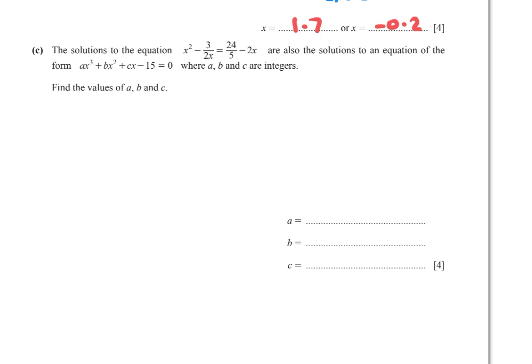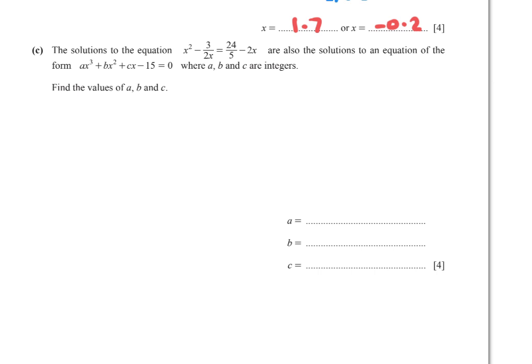Now the solutions to the equation x squared minus 3 over 2x equals 24 over 5 minus 2x are also the solutions to an equation of the form ax power 3 plus bx power 2 plus cx minus 15 equals 0, where a, b, and c are integers. Find the values of a, b, and c.